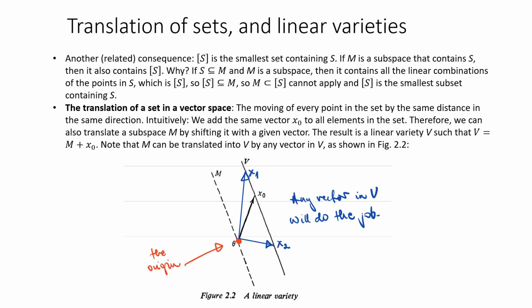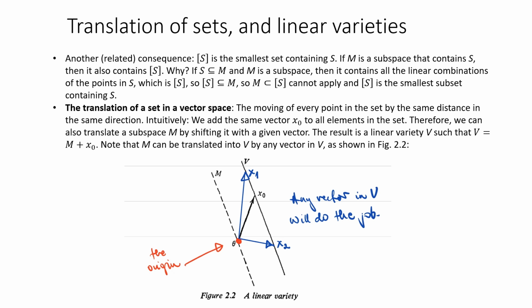And if we can translate any set in a vector space, we can also translate a subspace in a vector space. So we can translate a subspace M in a vector space by shifting it with a given vector. The result is a linear variety, V, which you can see is the sum of a subspace and the given vector.